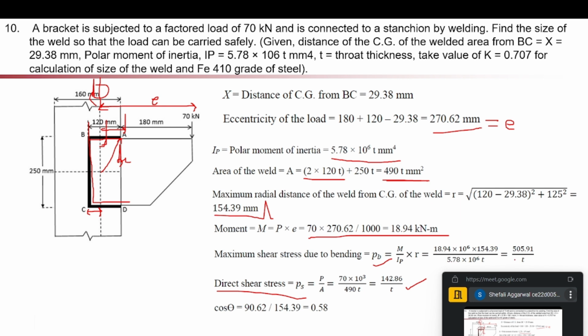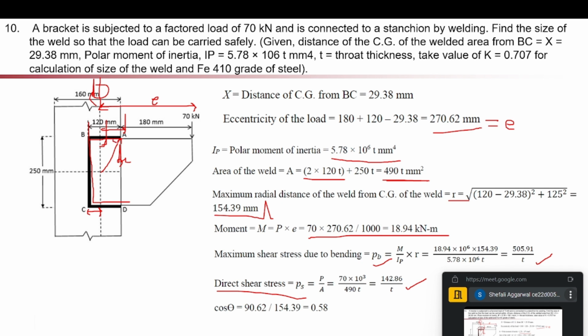M we have already calculated. R we have calculated here. This is our R. Then IP is already given to us, 5.78. So this is our shear stress. Okay. Third is the cos theta. So cos theta value is given by this length divided by this length.